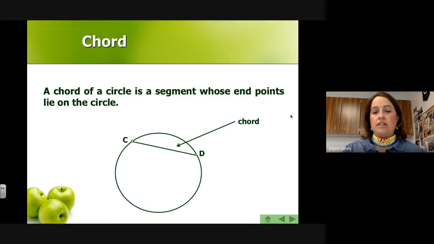So a chord on this diagram is the chord CD. If we look back at the diameter, a diameter is a specific kind of chord: a chord that goes through the center. It's just a more specific kind of chord.